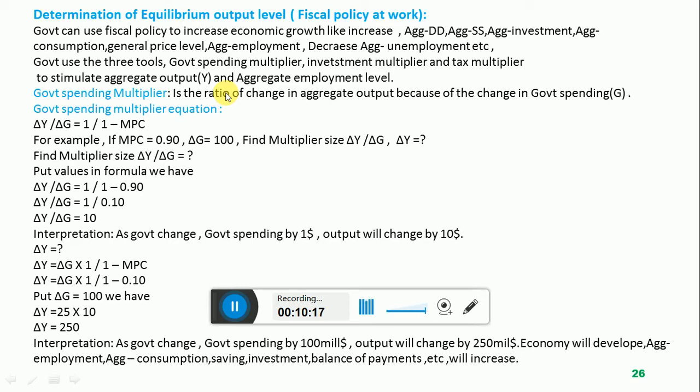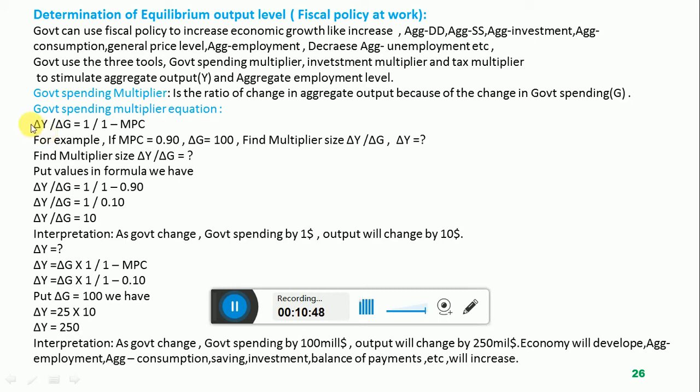This is called the multiplier. And now we are starting the government spending multiplier equation. This is the equation, dear students, that you will use to find the change in output because of a $1 change in government spending G. If the government increases government spending by $1, how much will the aggregate output of Afghanistan change?